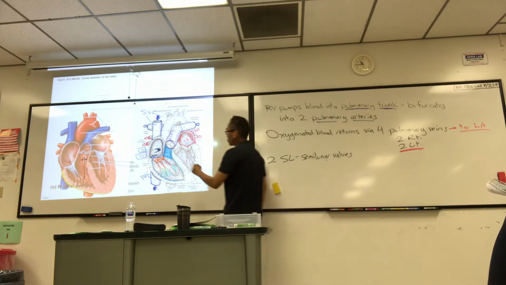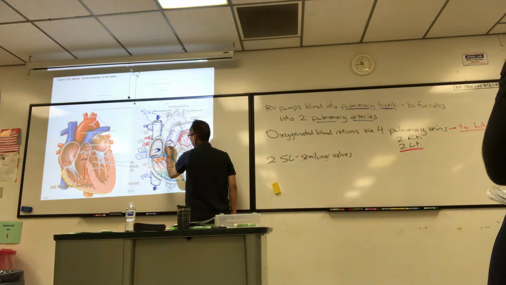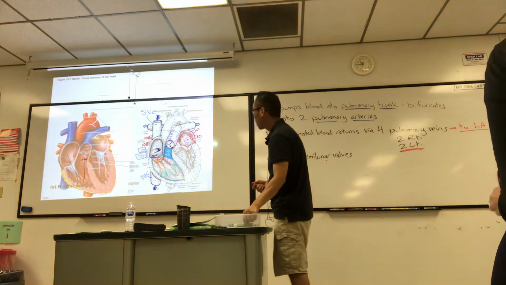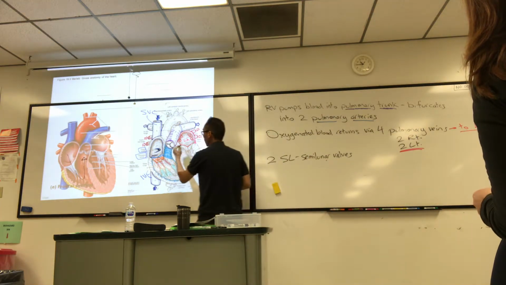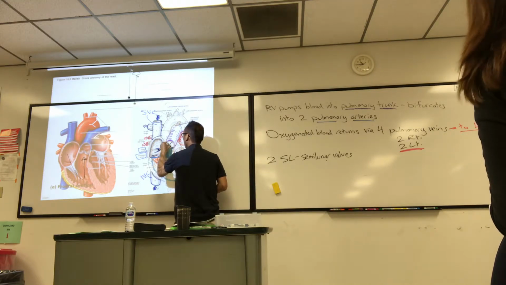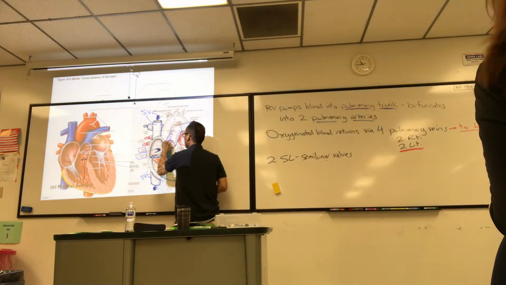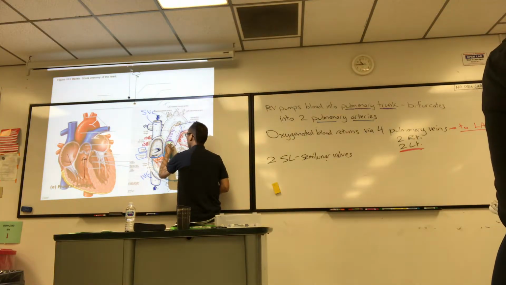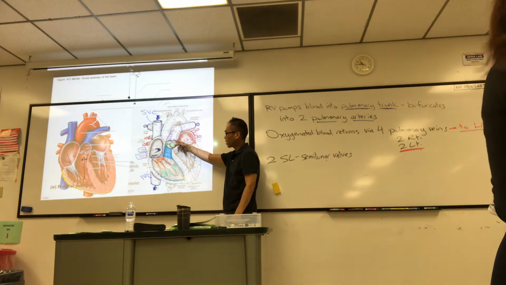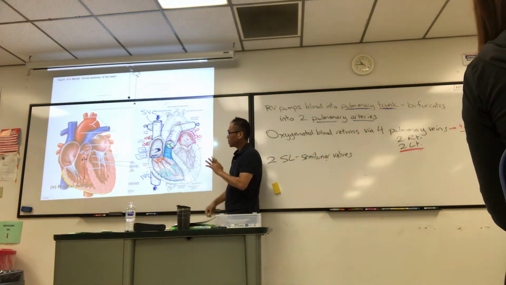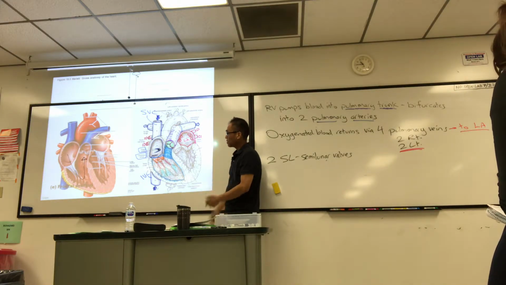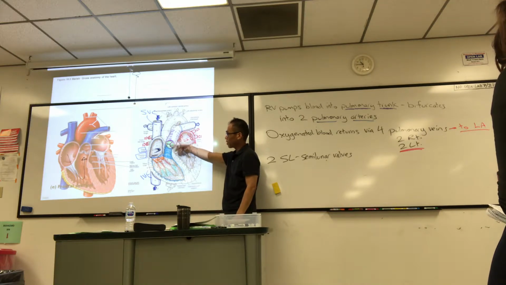If you look how they drew one here, kind of like that. Let me pick a color here. How about this green? I like how they show it to you. It's right at the base of the pulmonary trunk and RV. So this is called the pulmonary semilunar valve, and it allows blood to flow into the pulmonary trunk from RV.